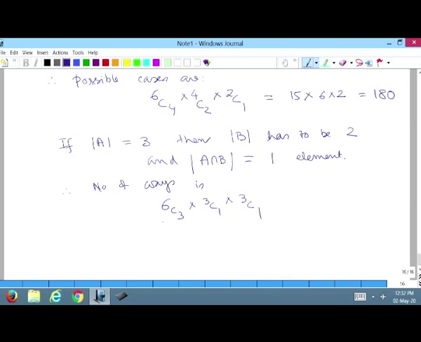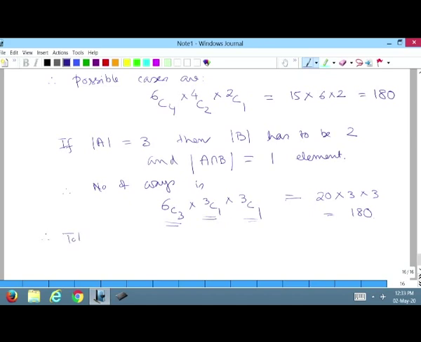Out of 6, we choose 3 for A. Out of these 3, we choose 1 for B, and out of the remaining 3, we choose 1 for B, which is equal to 20 times 3 times 3, which is equal to 180.